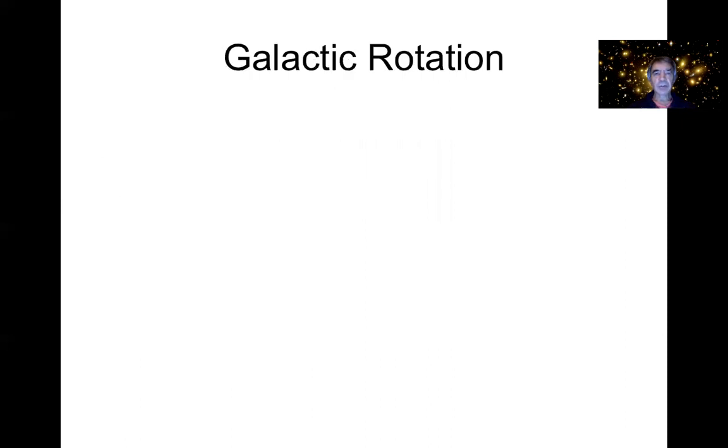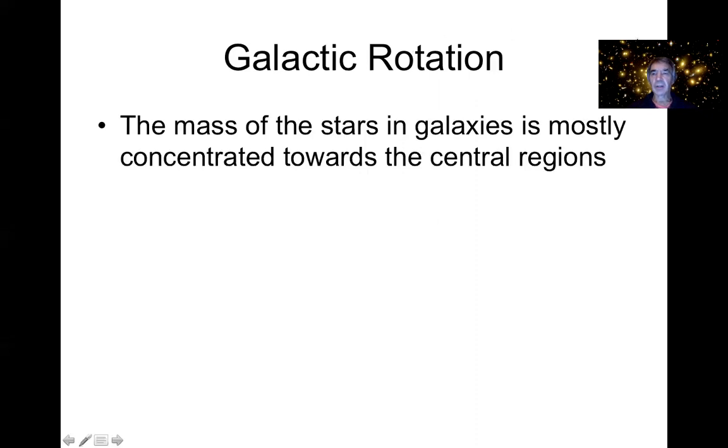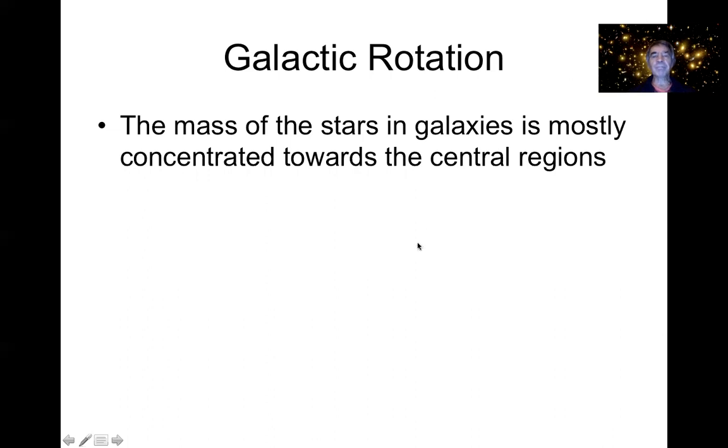Okay, so let's quickly run through this same idea of galactic rotation curves that we looked at in workshop 5. The general idea here is that when we look at a galaxy in starlight, obviously there's a distribution of matter in the stars, but as we get out towards the outer parts of the galaxy, we can see that most of the visible matter is concentrated in the central region of the galaxy.